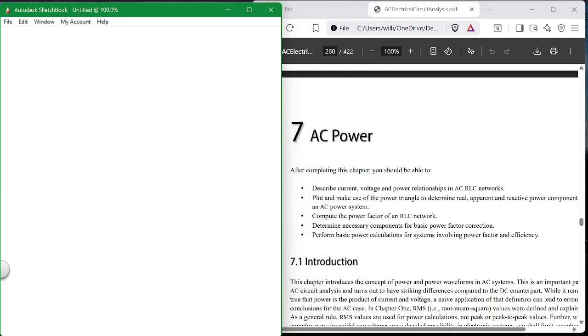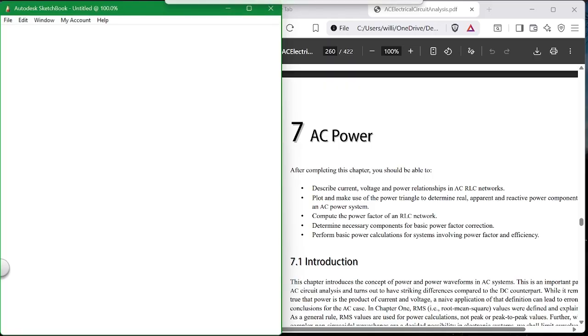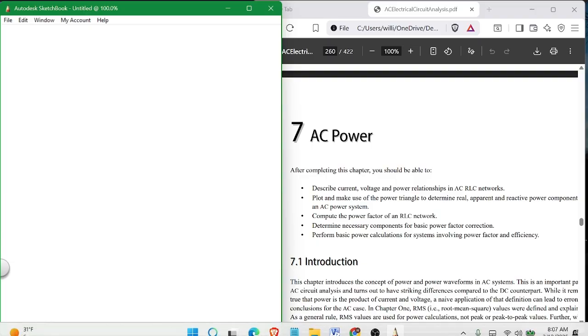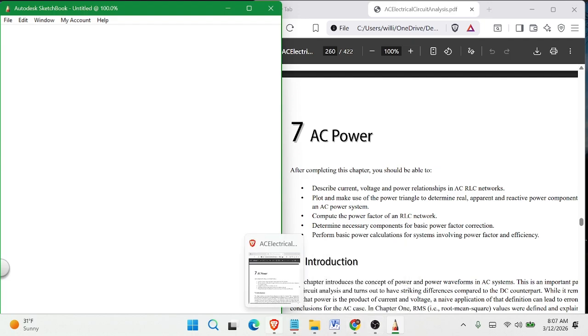And when they say to you, we want to get a better power factor, we are going to do certain things to get a better power factor that you can actually understand what they're talking about.